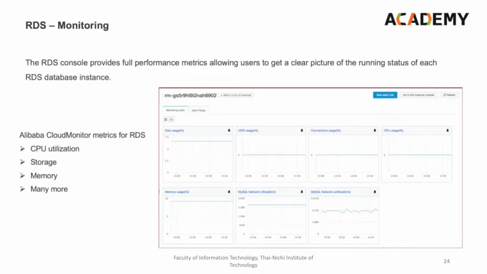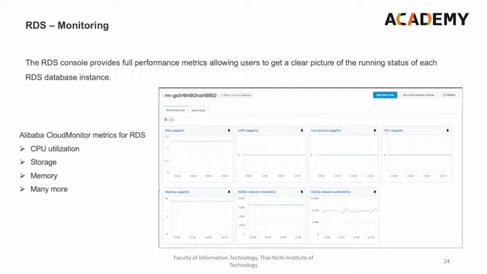into OSS. And then we have this RDS monitoring. We can even call that a cloud monitor. So this RDS console provides full performance metrics, allowing the users to get a clear picture of the running status of each RDS database instance.